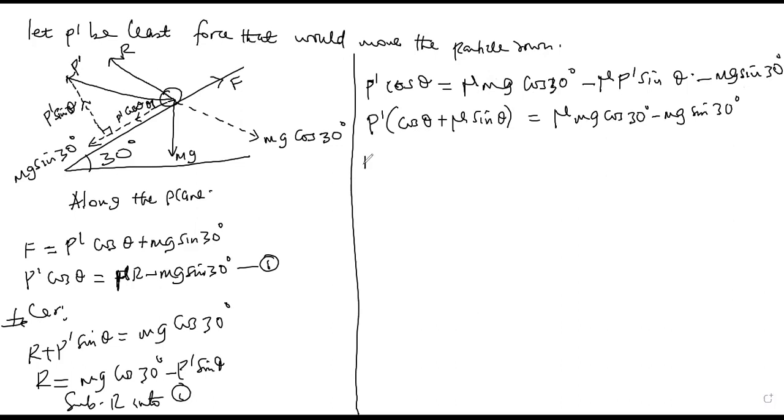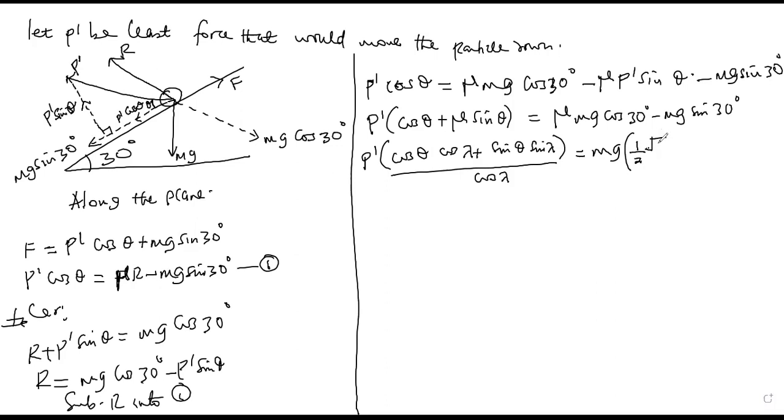So it is going to be P prime into cos theta cos lambda plus sine theta sine lambda, this side, over cos lambda, is equal to, factorize out mg here, mu cos 30, but mu is the same as sine lambda over cos lambda. So you take the LCM either side. Still here, remember, cos 30 is a half. So it's going to be a half.